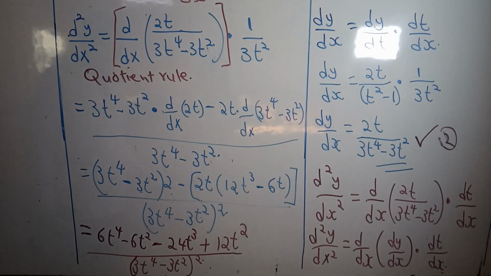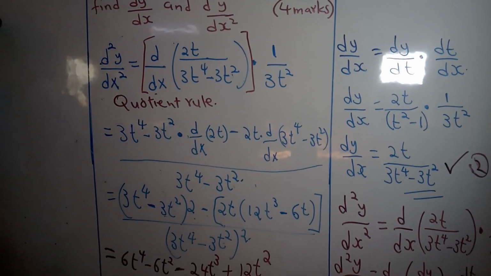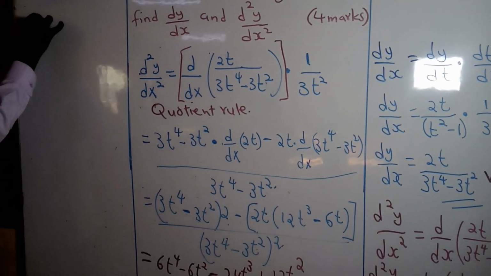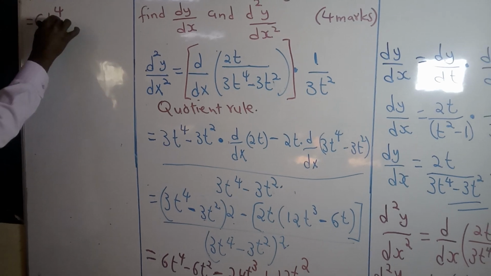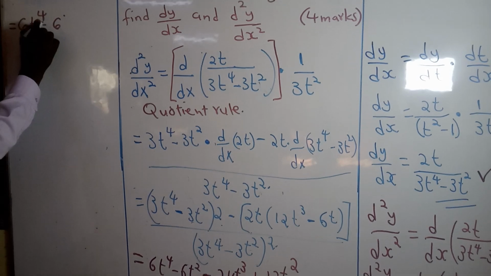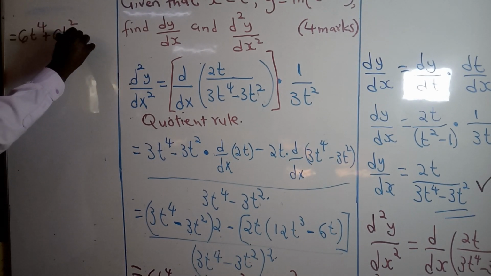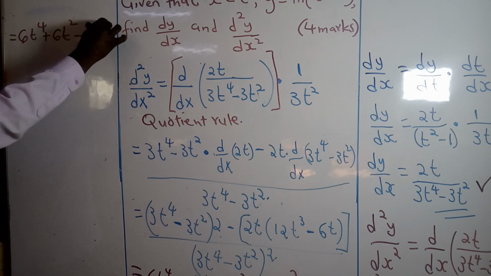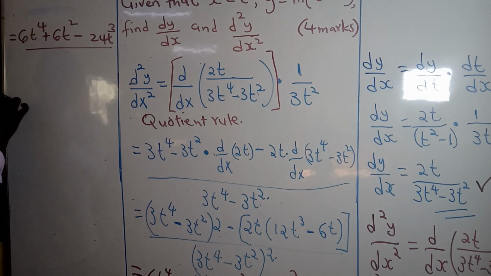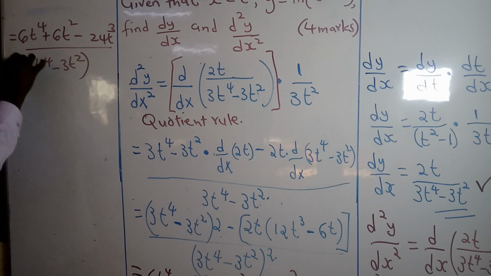When we simplify that, we are going to get 6t to the power 4 minus 6t squared plus 6t squared minus 24t cubed over 3t to the power 4 minus 3t squared.